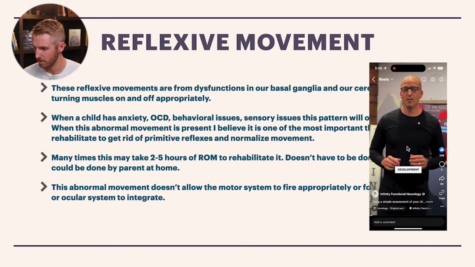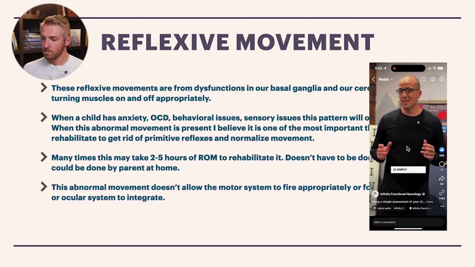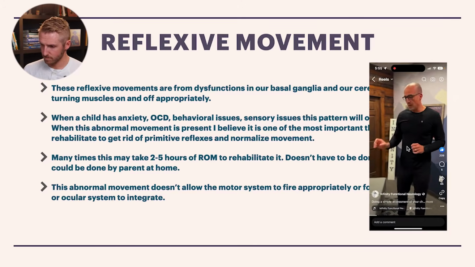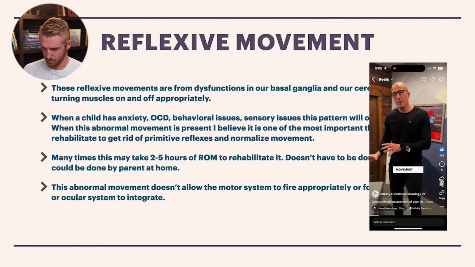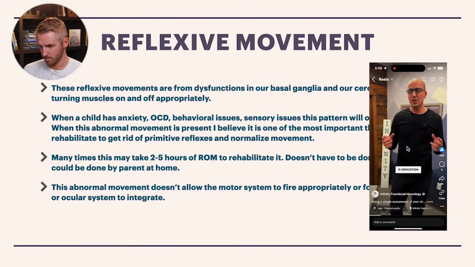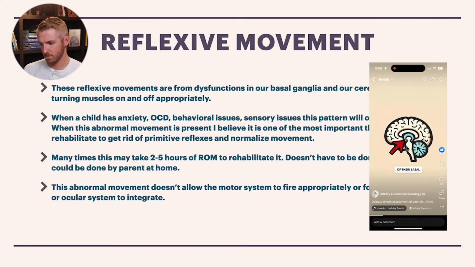Health and development of your child's brain is simply assessing their range of motion. Abnormal movement or reflexive movement with this assessment is indication of dysregulation of their basal ganglia. That's the deep part of our brains that have a lot to do with motor learning and even behavioral regulation.